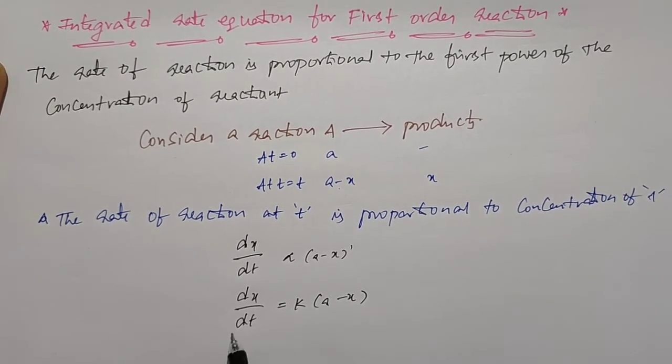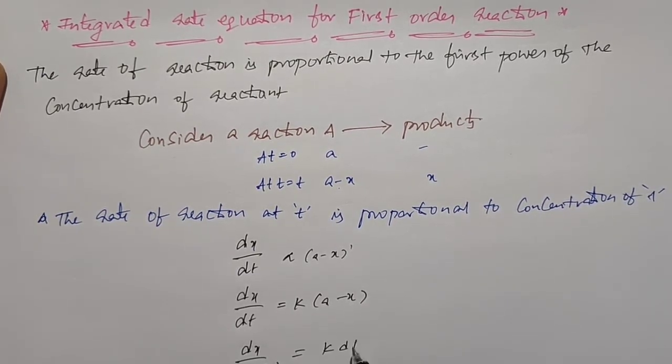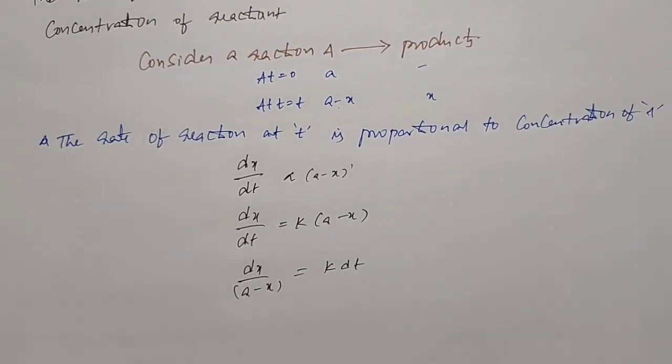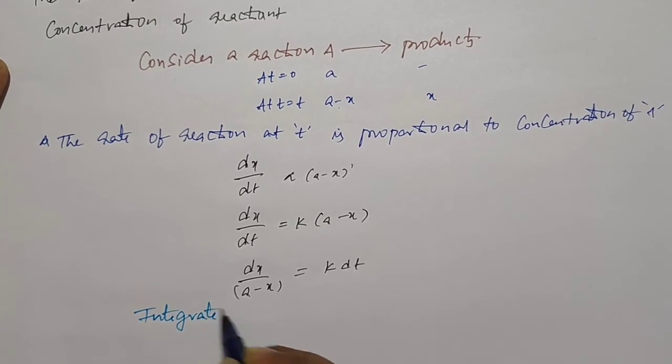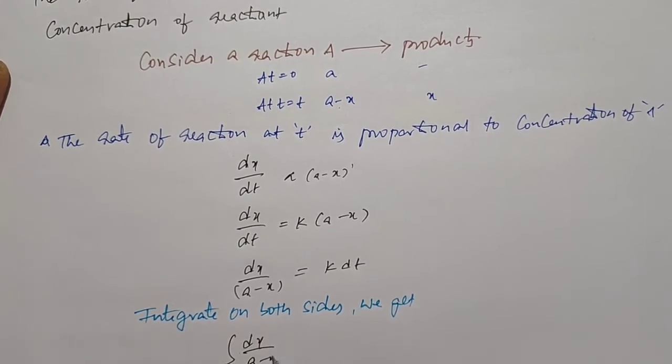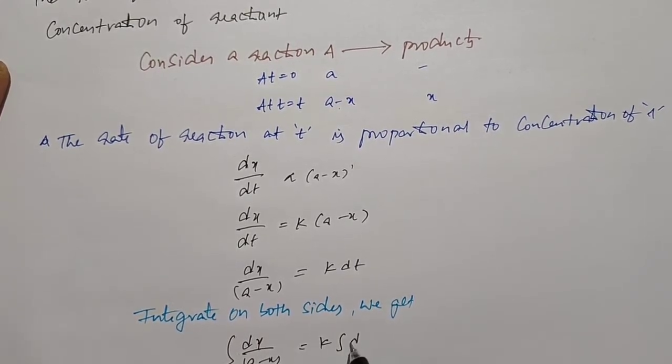Now take a minus x to this side and dt to the other side. Then we get dx by (a minus x) is equal to k dt. Now integrate on both sides. We get integral dx by (a minus x) is equal to k into integral dt.